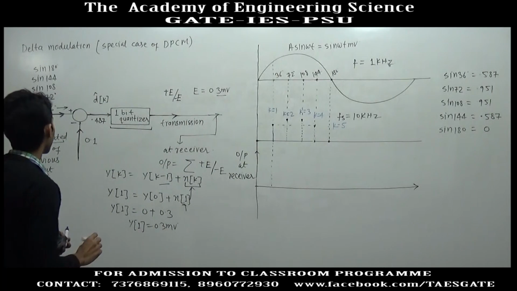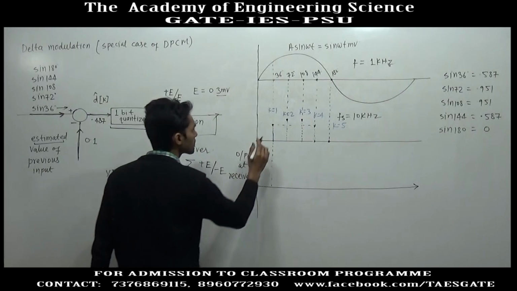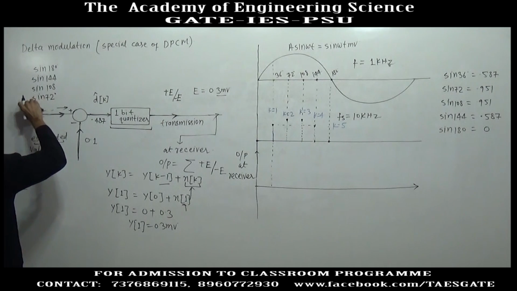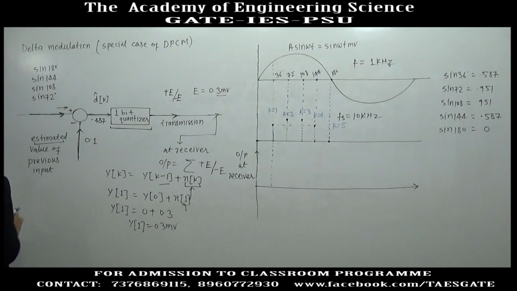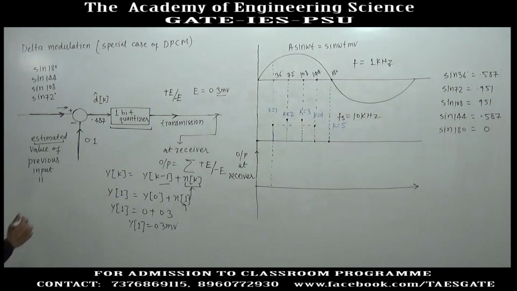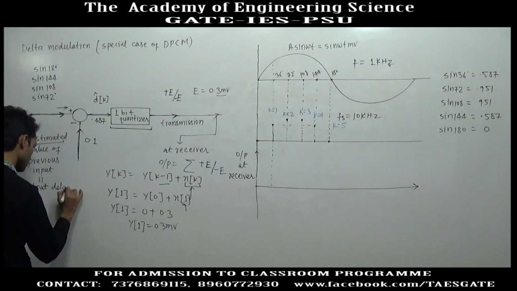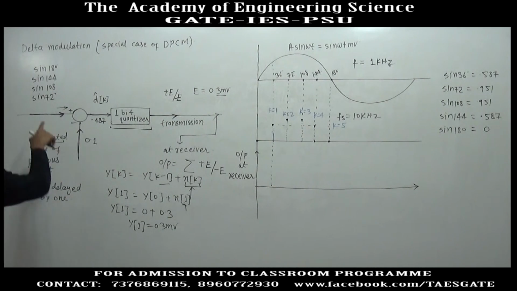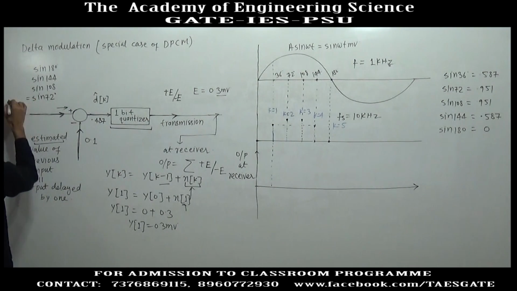At k equal to 2, now this signal has been transmitted. Now sin 72 degree will come, and this is the estimated value of the previous input. This is nothing but the output delayed by 1. So if k is equal to 2, sin 72 degree is the second input.